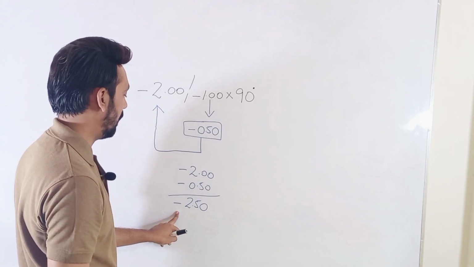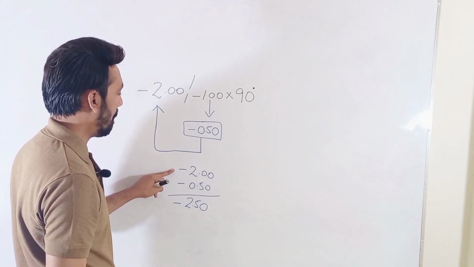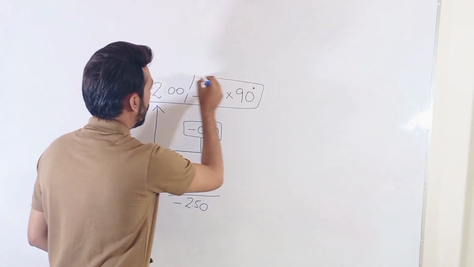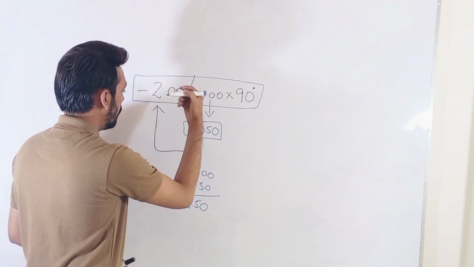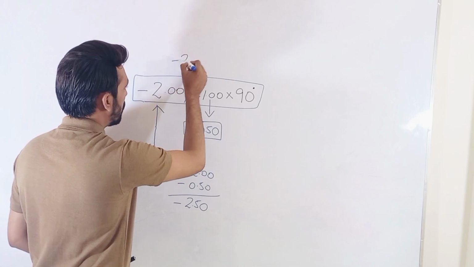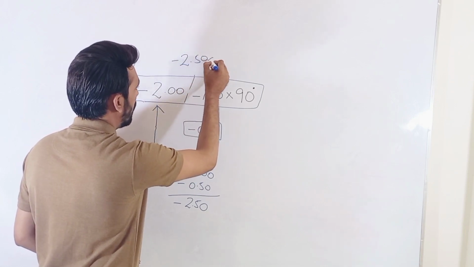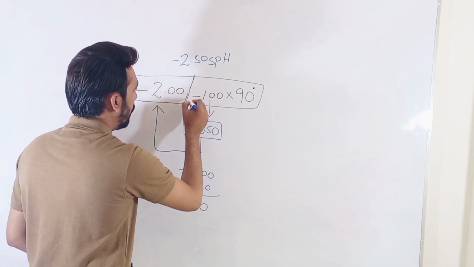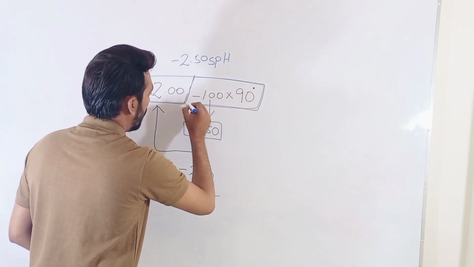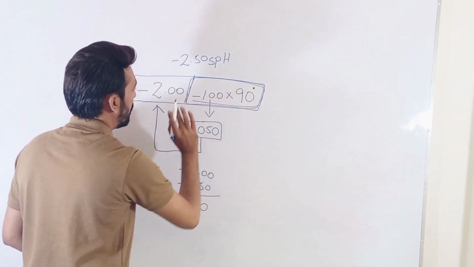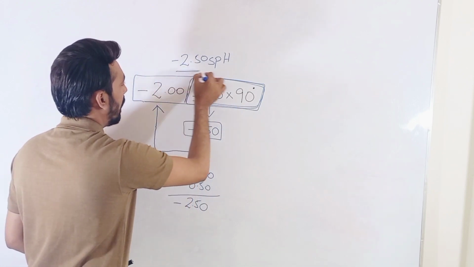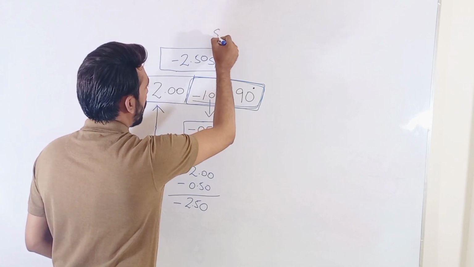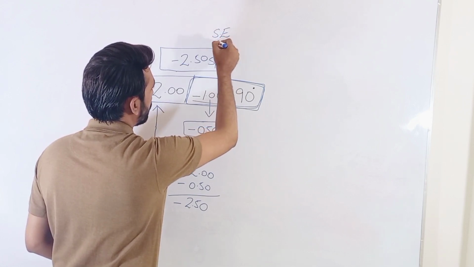You have to keep it in mind, because the bigger value is with the minus sign. So with this prescription our spherical equivalent is -2.50 spherical. And now there is no need to add the cylinder and axis in this prescription. We will simply get our spherical correction, which is our spherical equivalent.